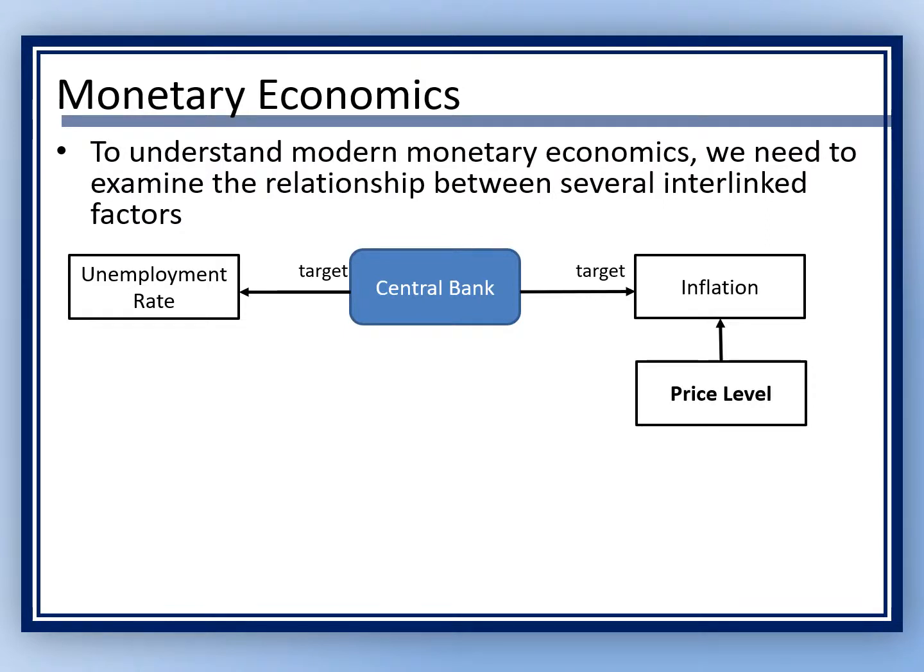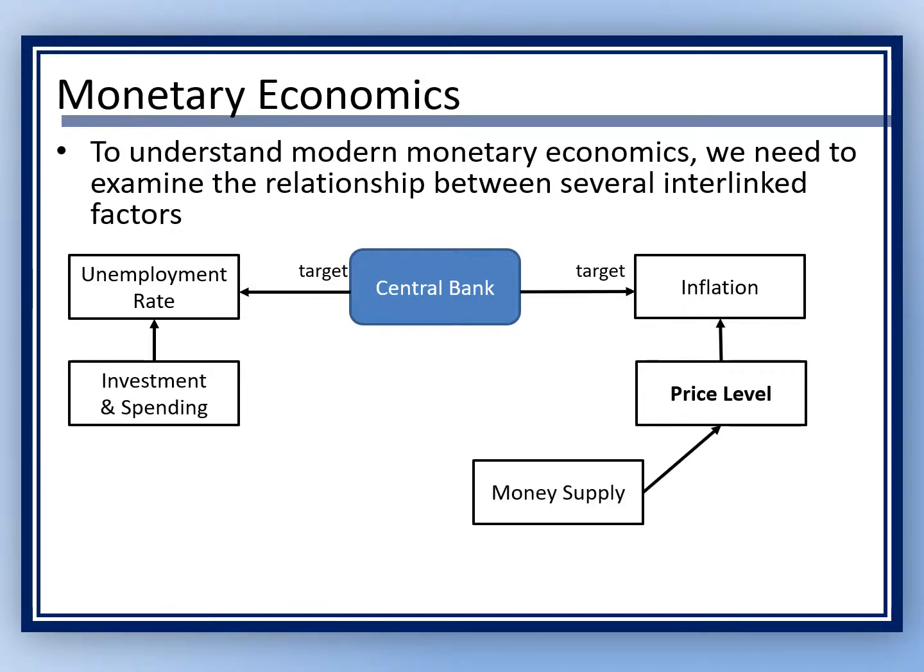Inflation is affected by price level because inflation, by definition, is an increase in price level. Unemployment rate is affected by investment and spending because you need companies investing and people spending money in order for people to get hired, right? No spending, no work. Price level is affected by money supply. Well, because if there is more money floating around, then money becomes less worthy, right?